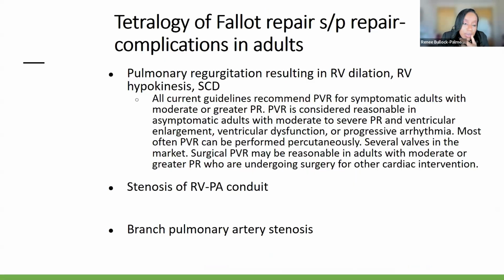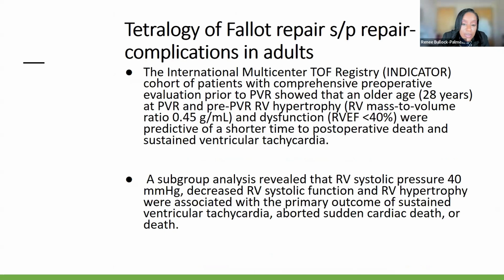So, there's actually a very good paper in JSCCT that goes through what to look for in these patients. And as I had mentioned, the pulmonary valve insufficiency, the stenosis of the conduit, and branch pulmonary artery stenosis.